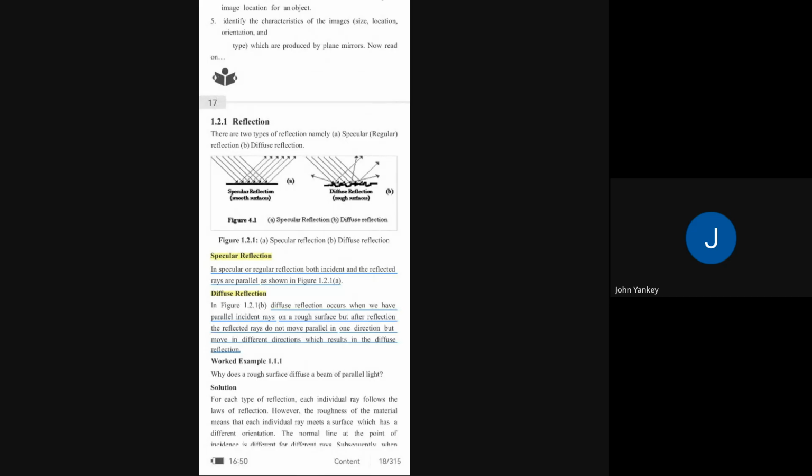Now, apart from what I just explained, with regular reflection a clear image is formed, like in a mirror. With irregular reflection, no clear image is formed, like a white sheet of paper, white paint, white marker board, white cloth. When the reflection is regular, a parallel beam of light falling on the surface is reflected as a parallel beam, so no energy is lost.